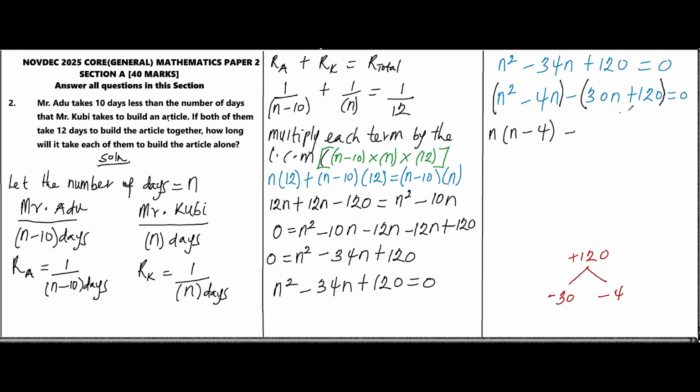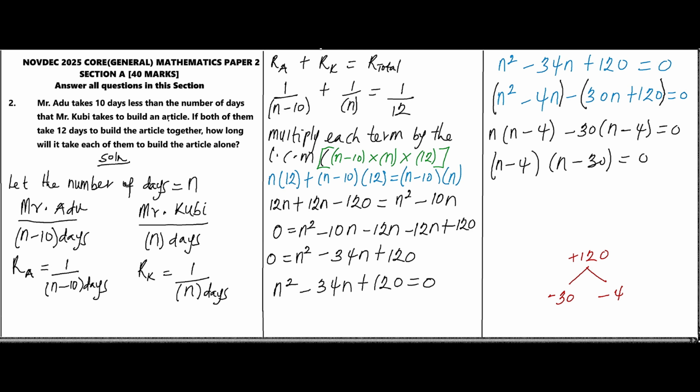Then with this bracket, the common factor is 30. So 30, we are left with n minus 4, and this must be equal to 0. We have n minus 4 twice, we select 1. And then we have n minus 30, and this must be equal to 0.